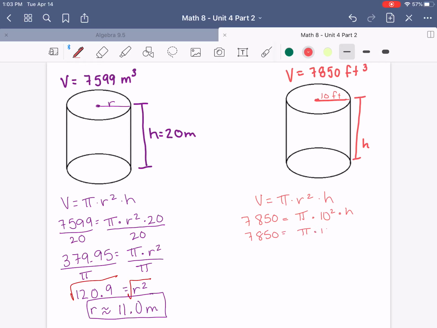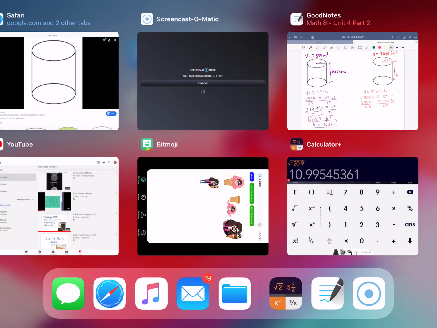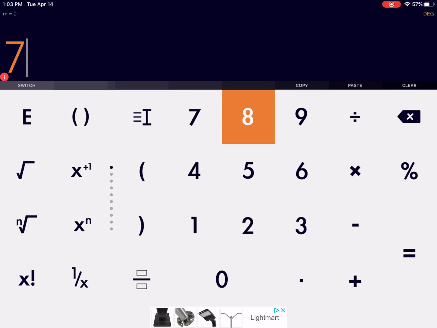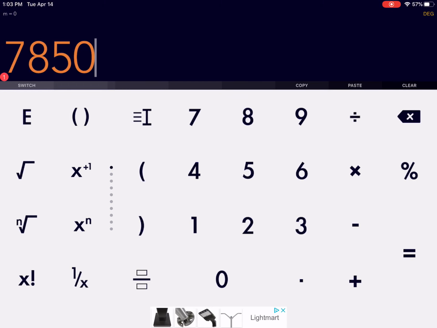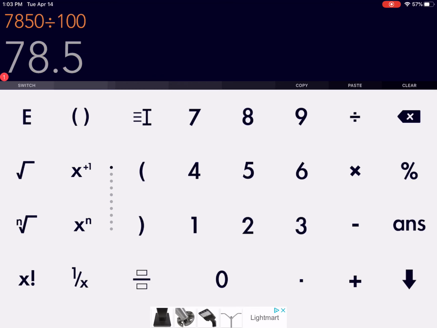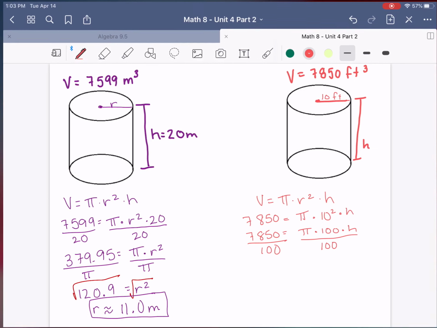So 10 squared is 100. And now to start getting the h by itself, I'm going to start dividing things. So I'm going to divide by 100 first. So 7,850 divided by 100 is 78.5.